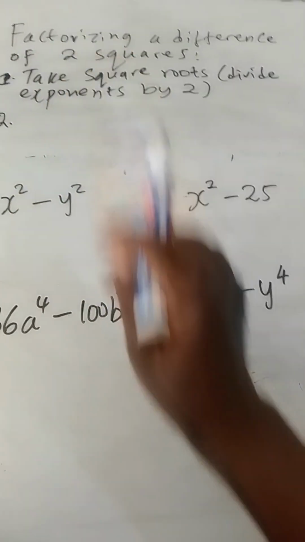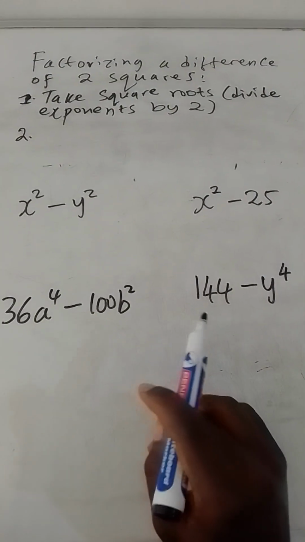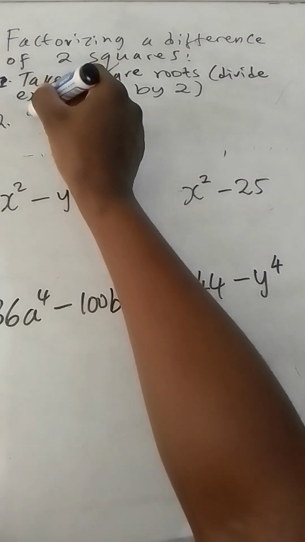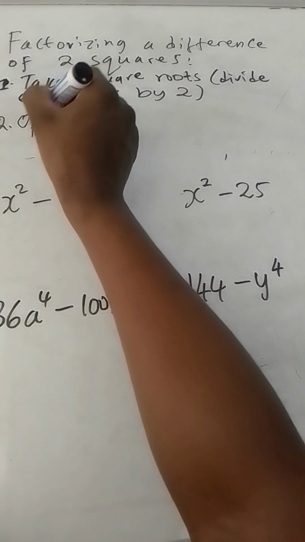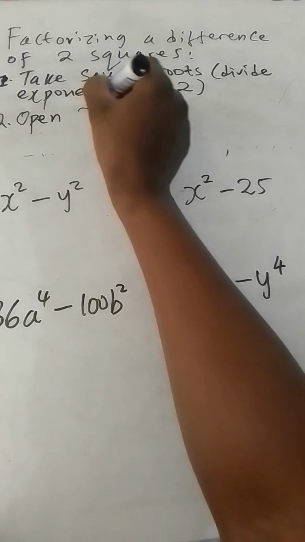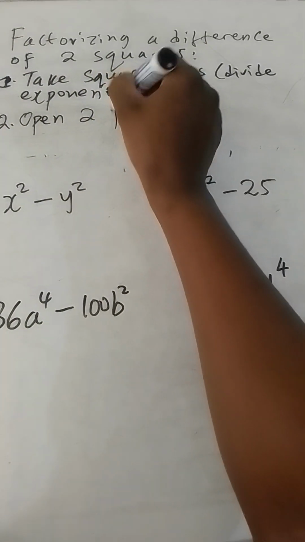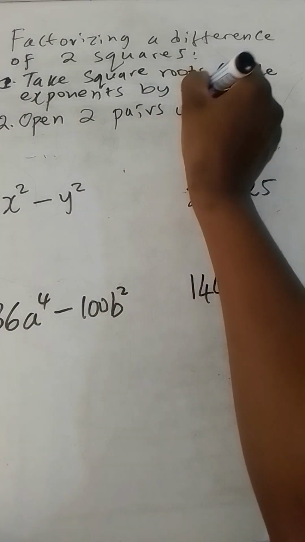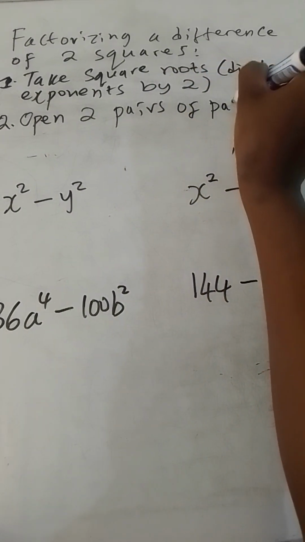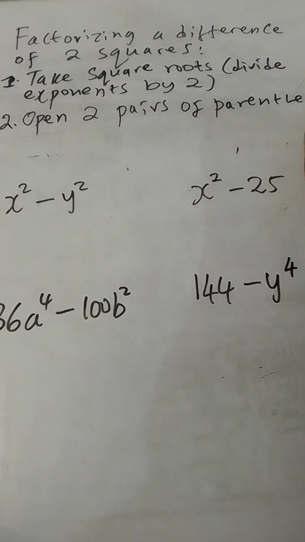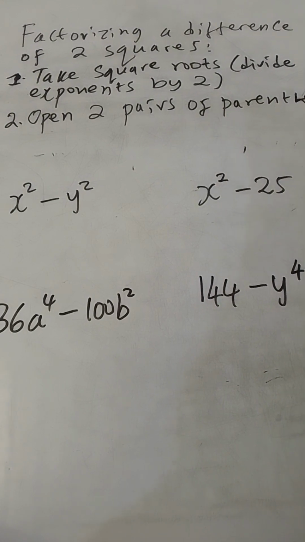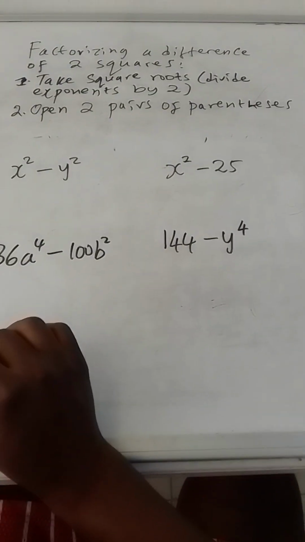Step number 2, now that you have the square roots of both terms, you open 2 pairs of parentheses. Right.